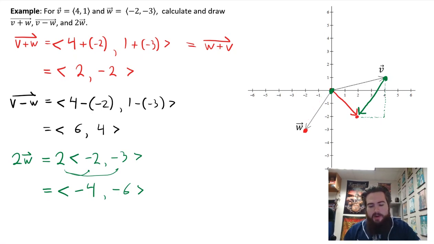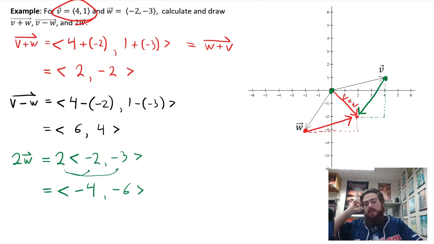Meaning from the endpoint of w, we then go, based on v, we go over 4 and up 1. From there, that means that we are going to end up, yet again, at where v plus w results. So, some important things to think about, that you can manipulate and move vectors to create a figure that may be a little bit more appropriate or convenient to work with.